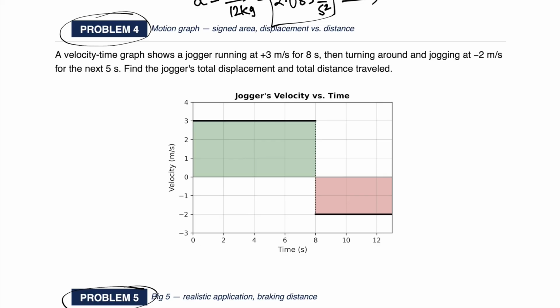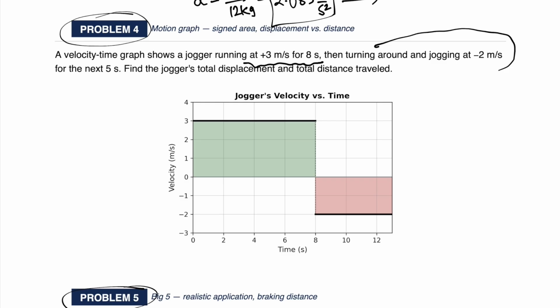So we have a velocity time graph here, which we went over, right? It shows a jogger running at 3 meters per second for 8 seconds, then turning around and jogging at -2 meters per second for the next 5 seconds. Find the jogger's total displacement and total distance traveled.